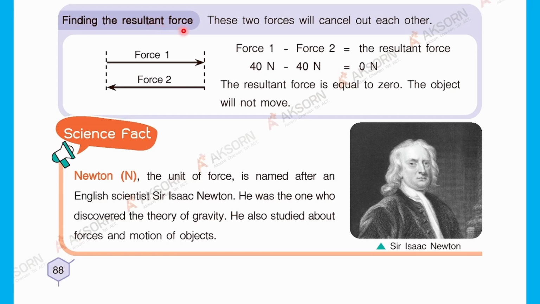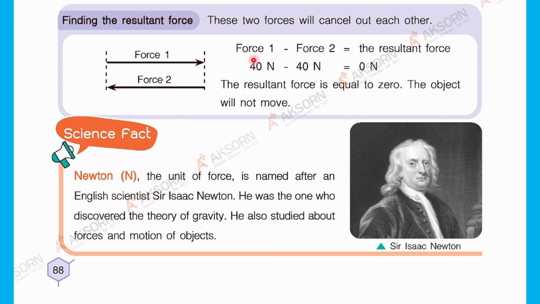Finding the resultant force. These two forces will cancel out each other. So we see here force 1 is pushing to the right, force 2 is pushing to the left.